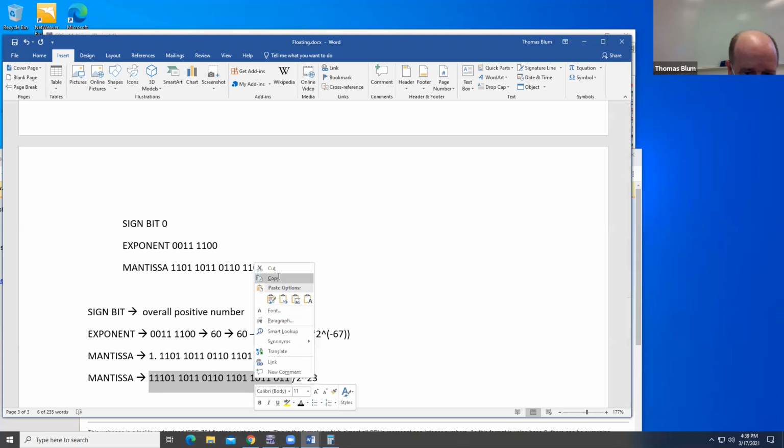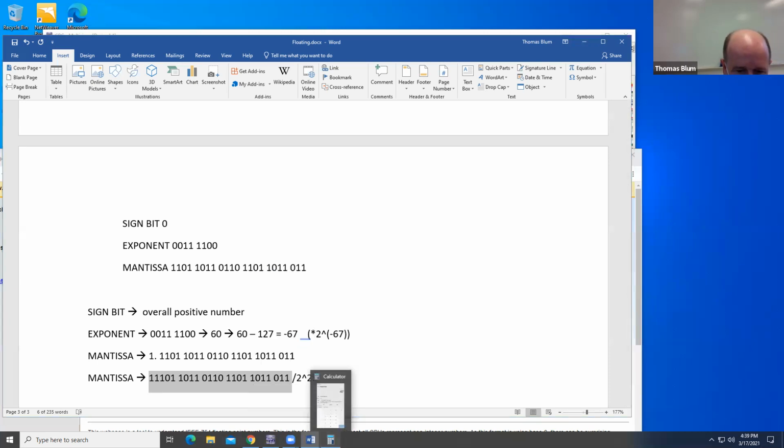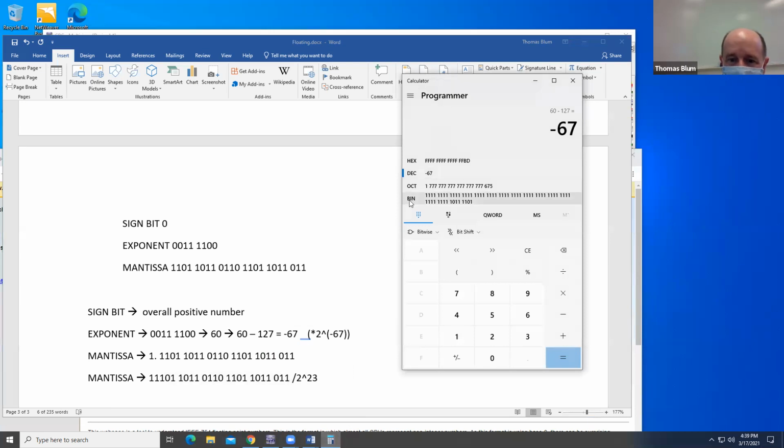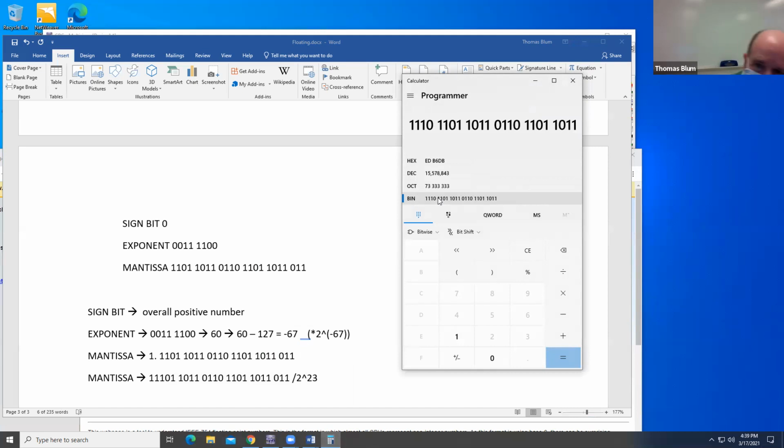Let's see if I can copy and paste that into my calculator, or do I have to retype it? I'm going to be in binary mode. I'm going to clear. If I paste, okay, it just ignored my little spaces. And that's good. It gives me this thing called digit grouping, which is groups of 4.